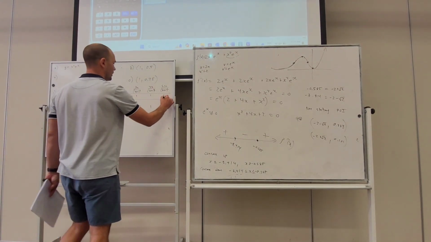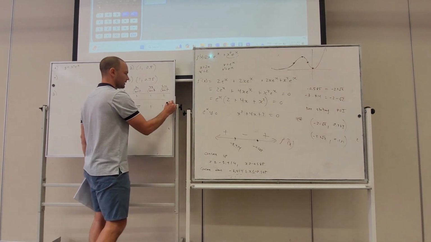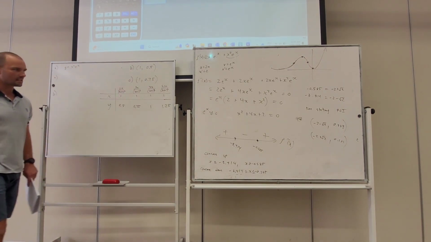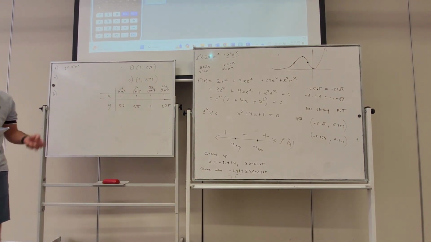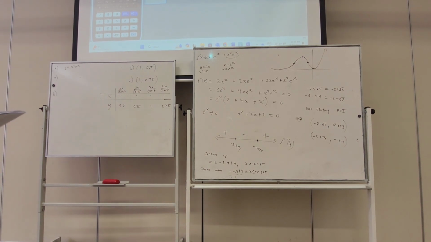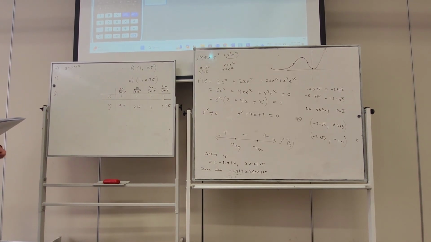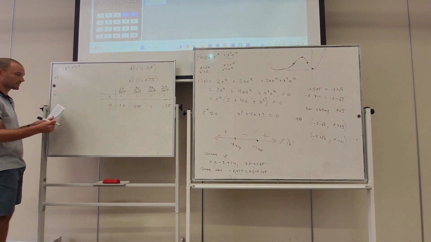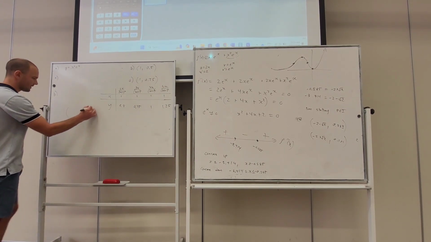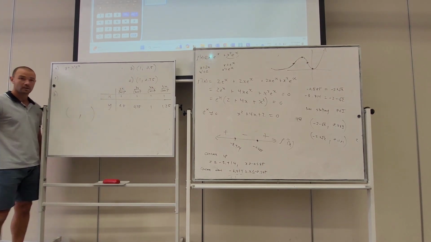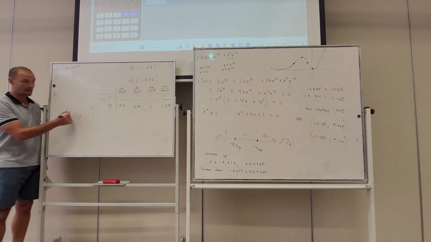And 1, and this is 1.25. So that's the fill in the table, you get a mark there. Make a conjecture about the coordinates of the stationary point to the function h of x. So my conjecture is that my x value is 1.